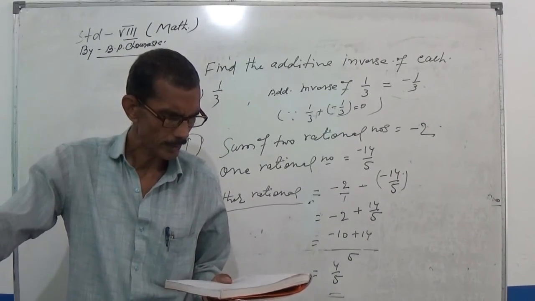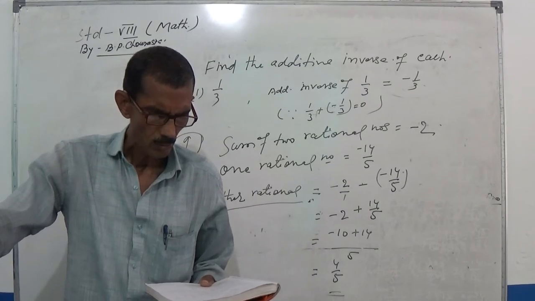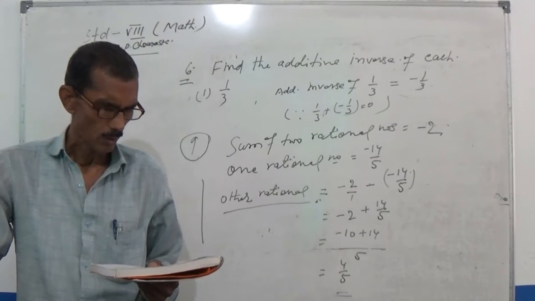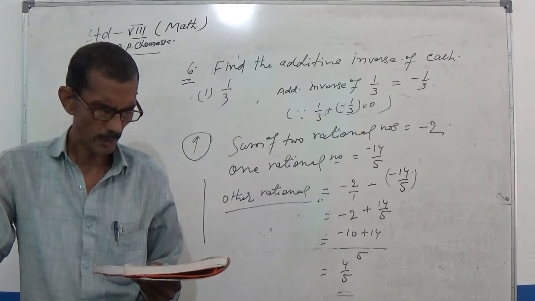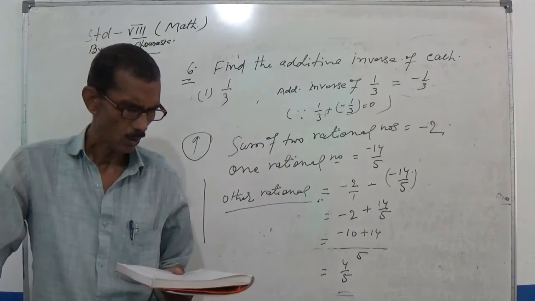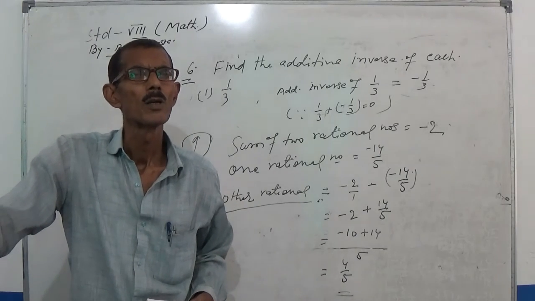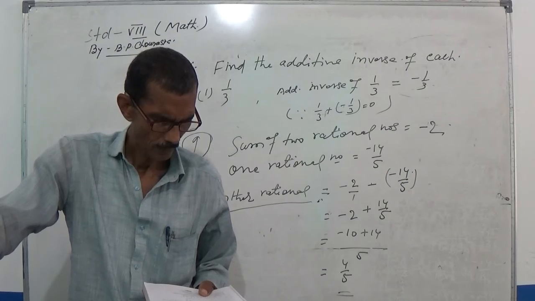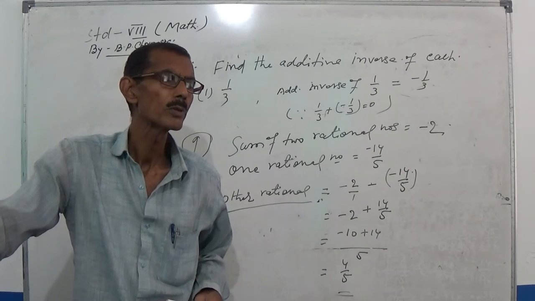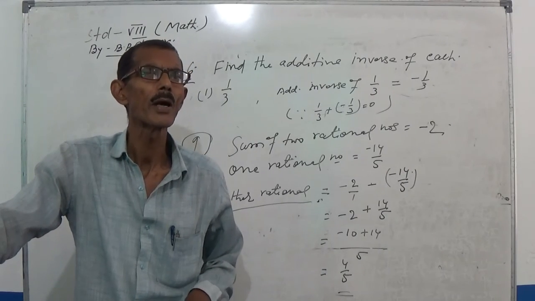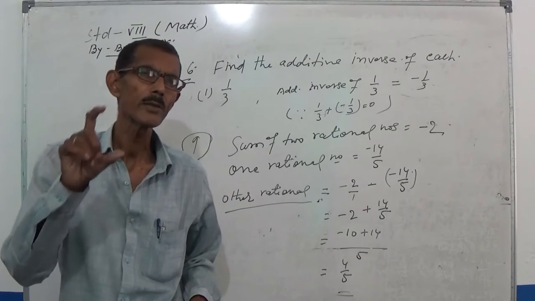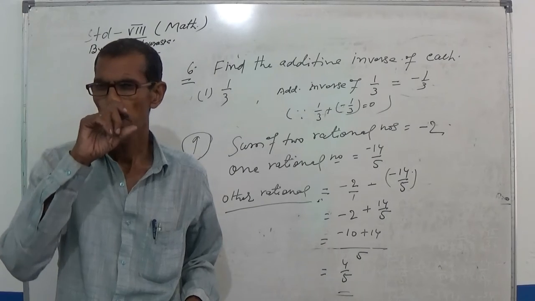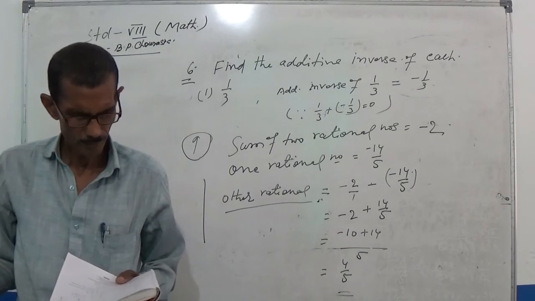Already, rational numbers are closed under subtraction. So if you subtract one rational number from another, then you get another number which is already a rational number.